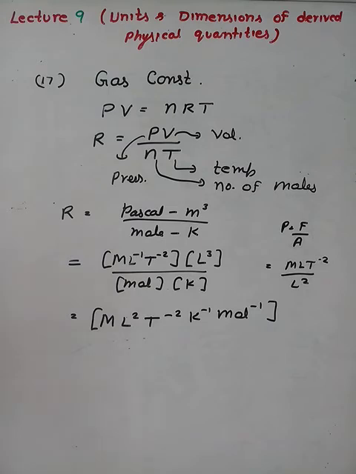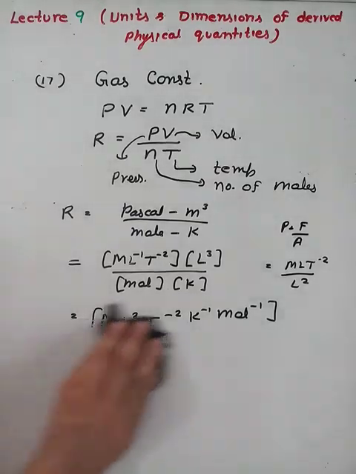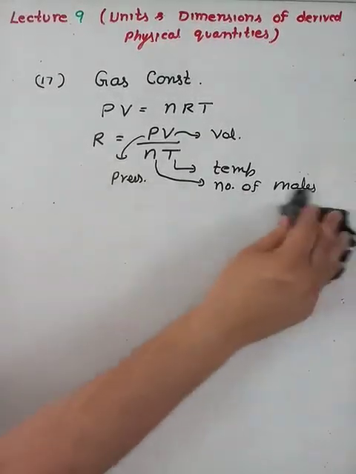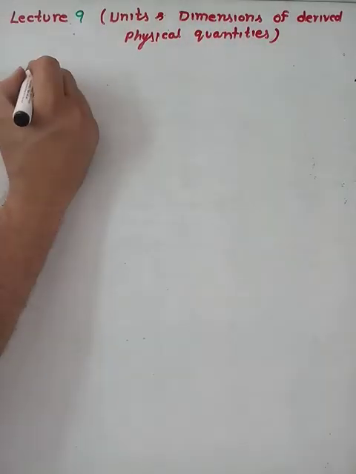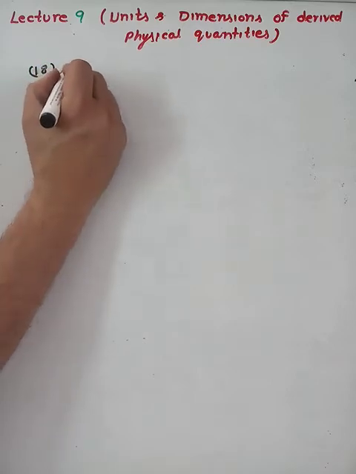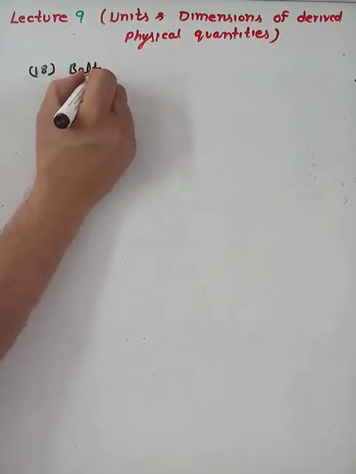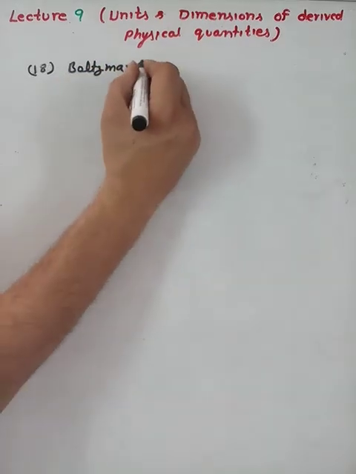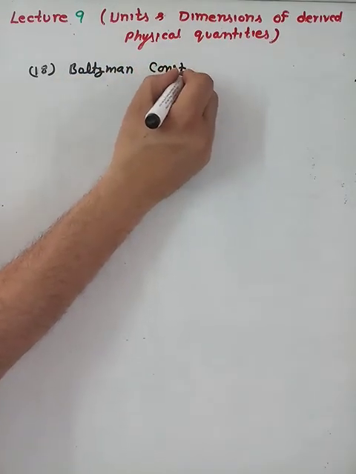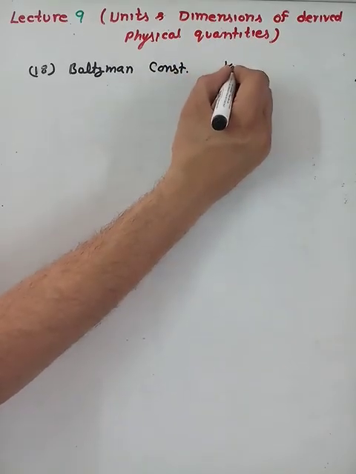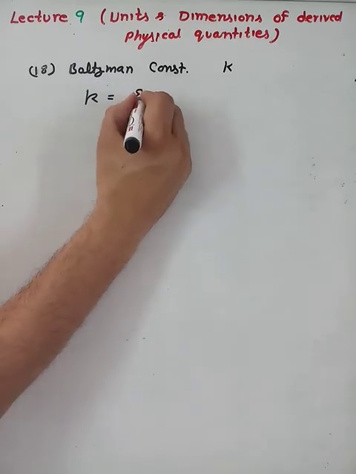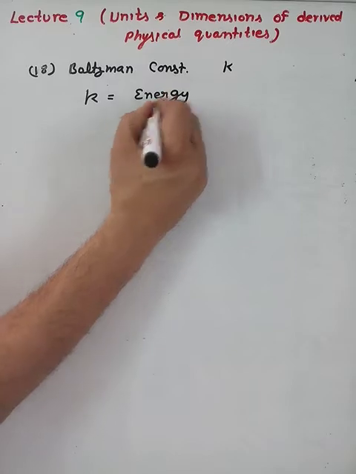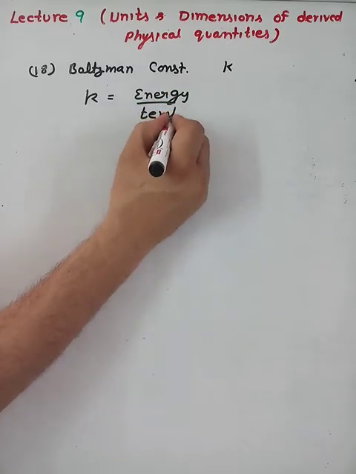Next is the Boltzmann constant. Number 18 is the Boltzmann constant, K. The Boltzmann constant K is defined as energy per unit temperature, energy upon temperature.